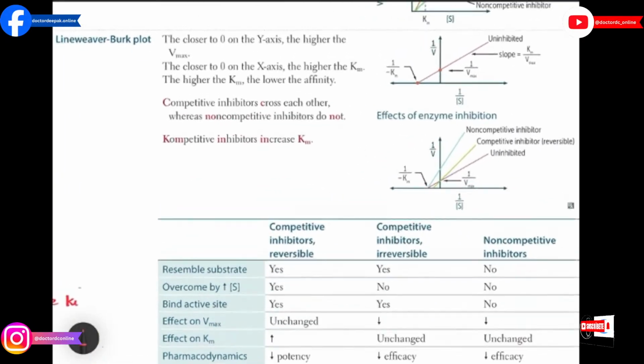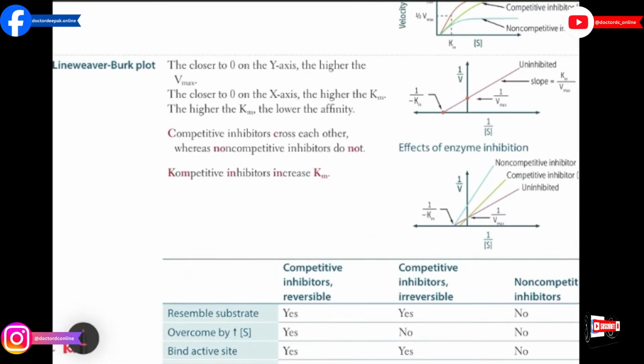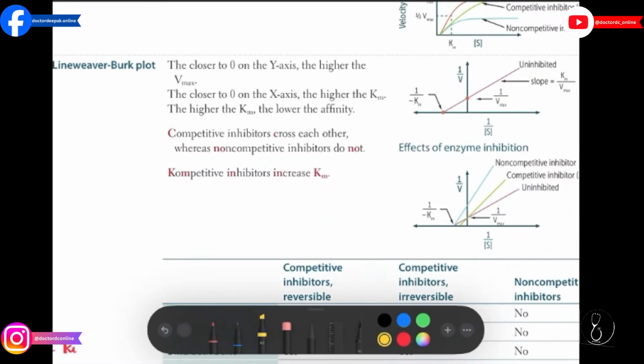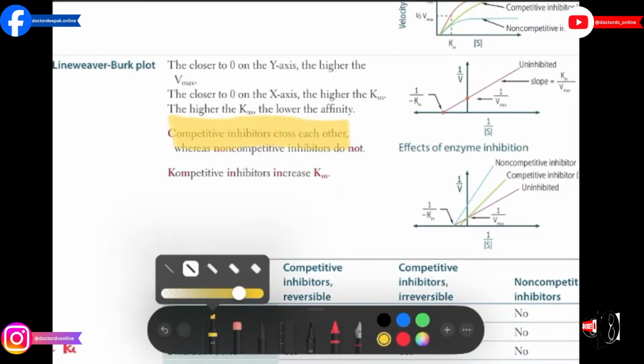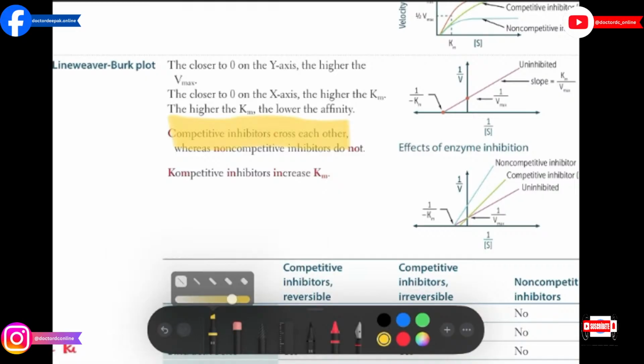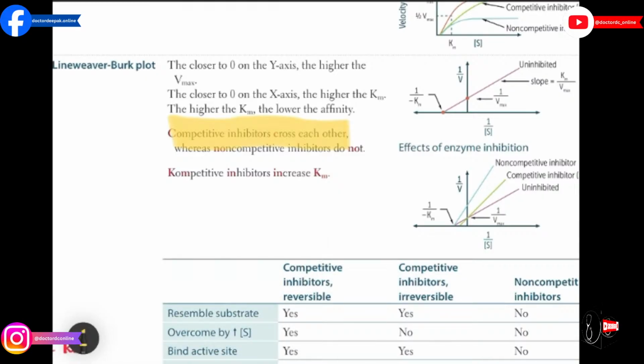So if you see the book, if you read the lines, competitive inhibitors grow each other, whereas non-competitive inhibitors do not. And competitive inhibitors increase the Km.